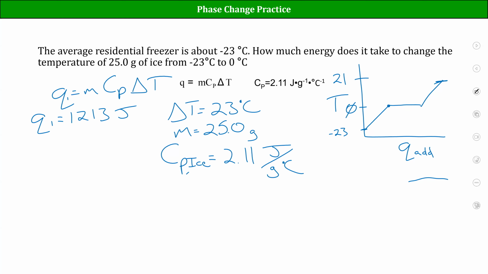Just 2. I also converted it to kilojoules, so I don't have to write it in scientific notation. But 1200 joules is 1.2 kilojoules. Step one wasn't so bad, right?